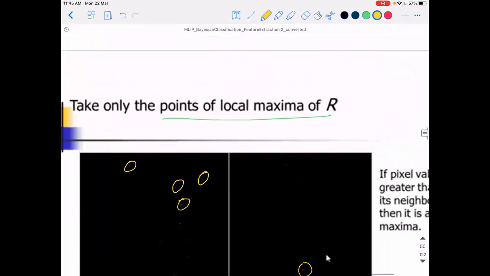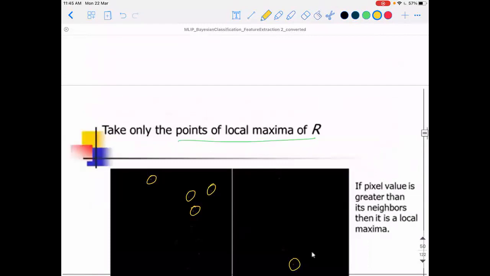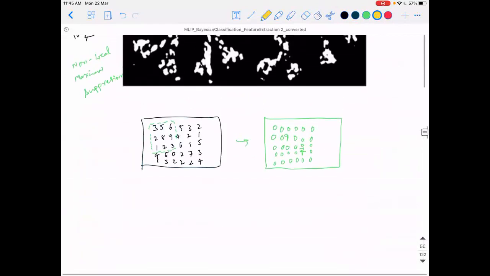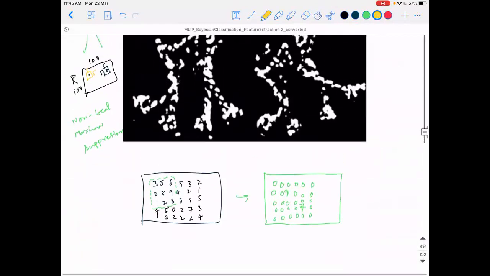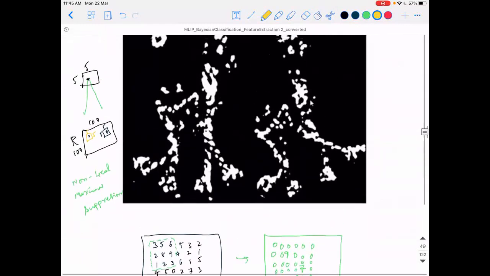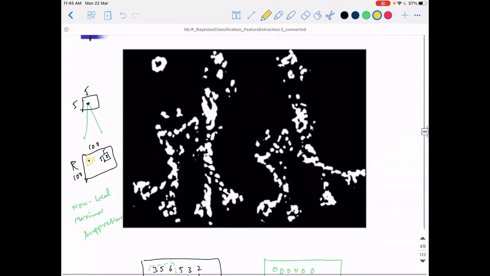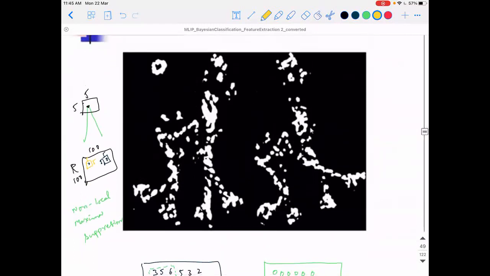Sir, how did we consider the window size? Window size is again a design parameter. People usually consider 3x3 or 5x5. If you have too many pixels which have come up as maxima, then you can consider a little larger window size.